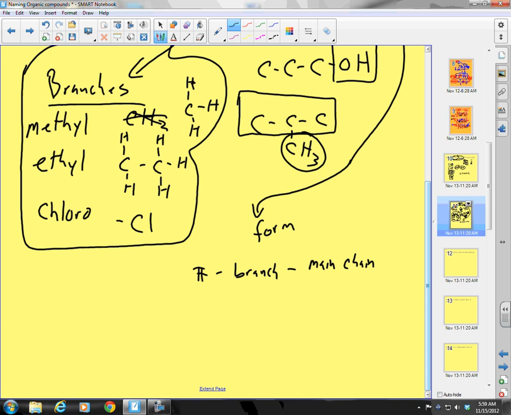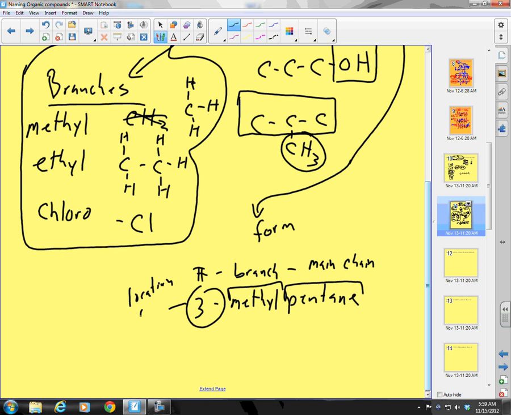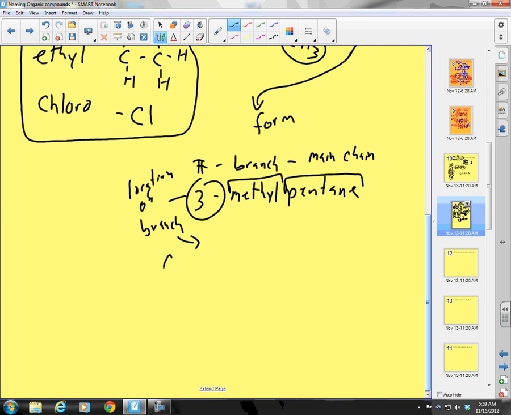So something like 3-methylpentane. The pentane represents the main chain. The methyl represents the branch. And the 3 tells me the location of the branch. And what do I mean by location? That means the carbon on which the branch exists.